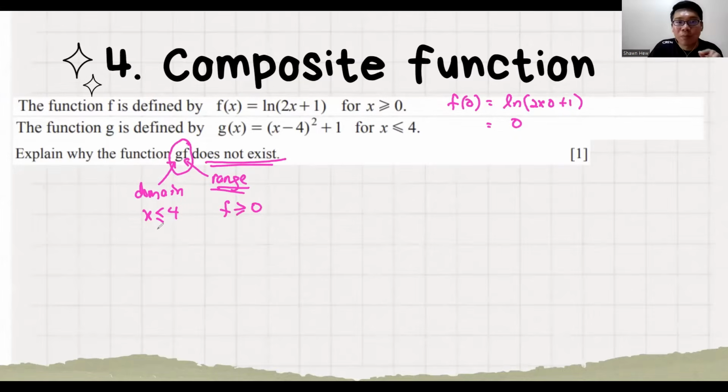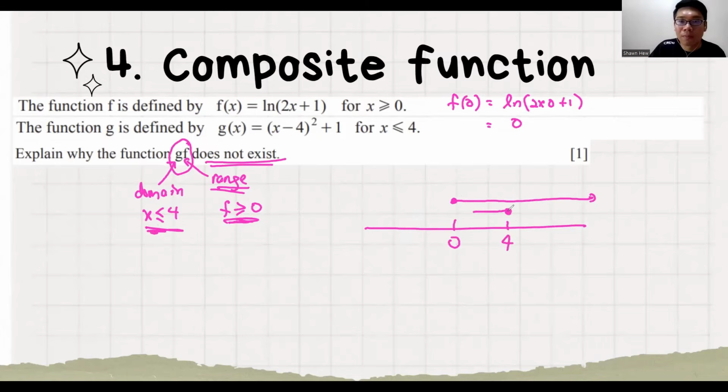The inner part should be able to fit into the domain of the outer part. So we have a look. The inner part, they say they want more than 0. The outer part, they say they want less than 4. So can the inner part fit into the outer part?